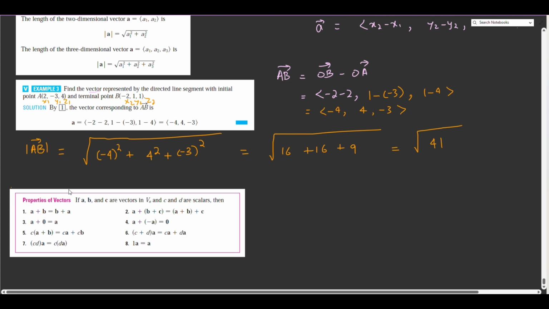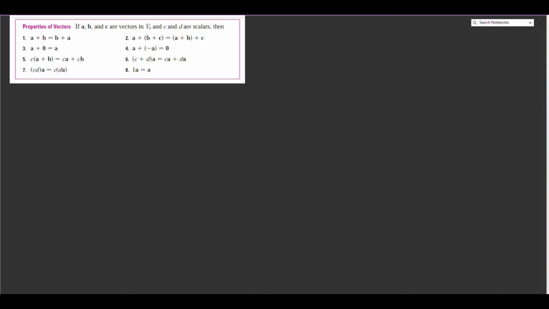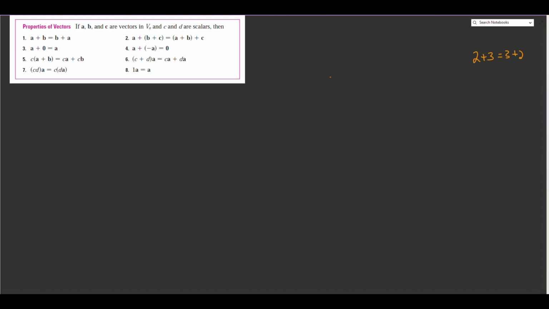Now there are some properties of the vectors you need to remember. The first property says that the addition of two vectors is commutative. For example, like in the case of numbers, 2 plus 3 is equal to 3 plus 2.